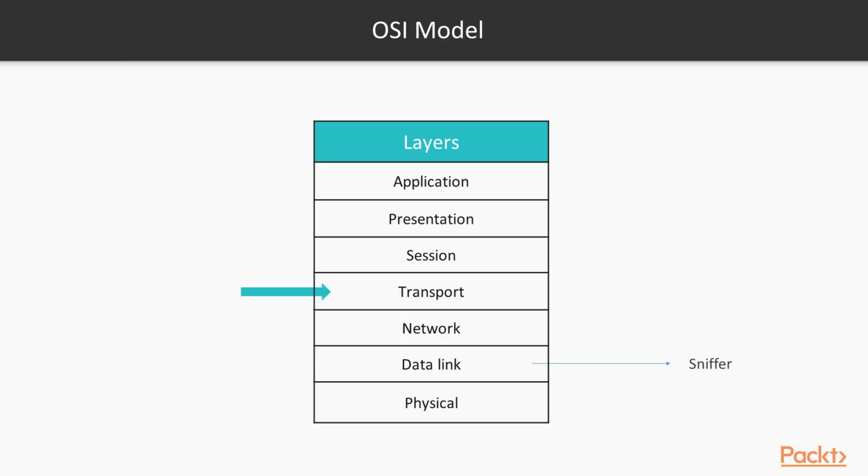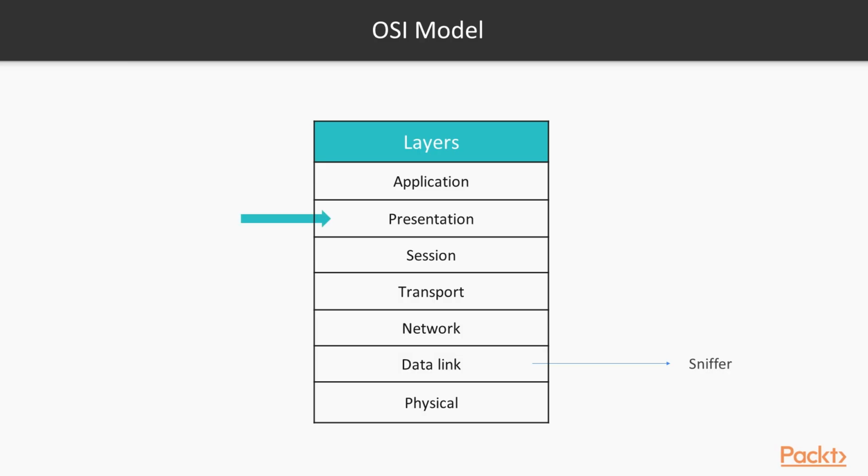If there are errors inside the network, it detects the errors, and it also performs traffic control. Next is the session layer. As the name describes, it does session management: first session establishment, then session management, then session termination. This is the work of the session layer in the OSI model.